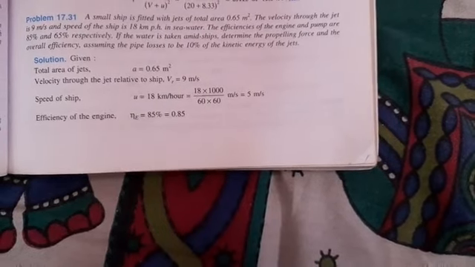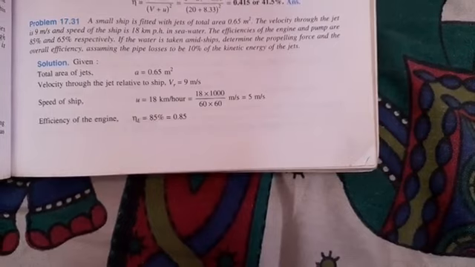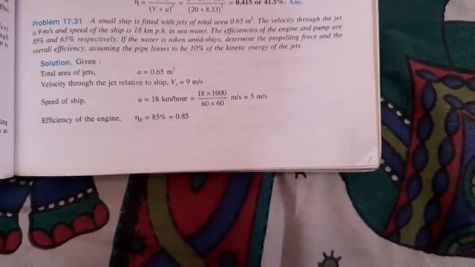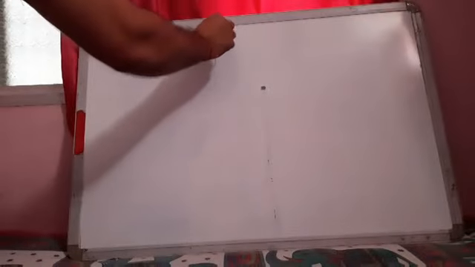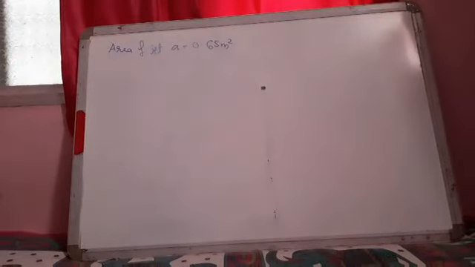Here, the main point is given: this ship is amidship, so we have to do accordingly. In this question, the area of the jet is given, 0.65 meters square.